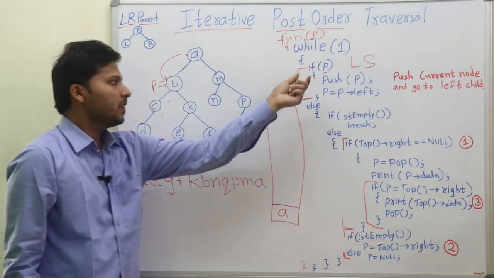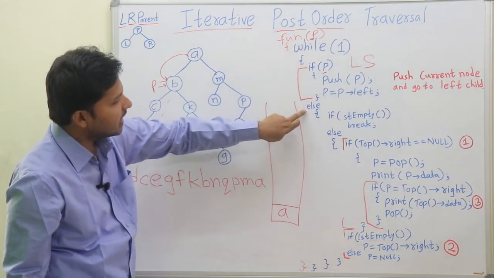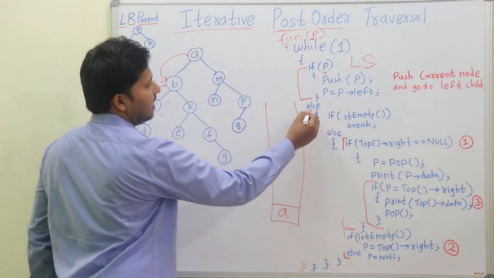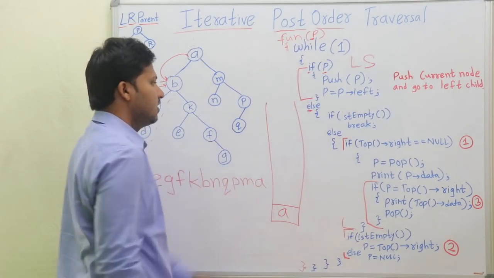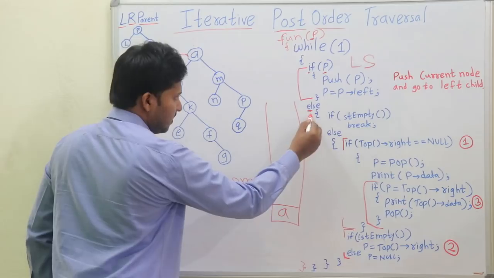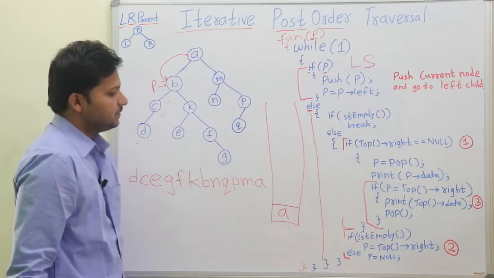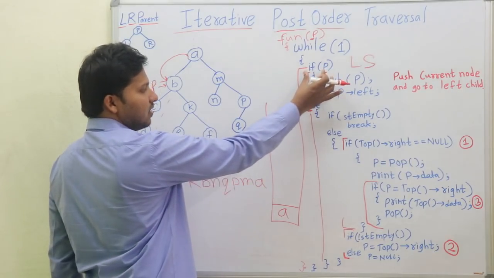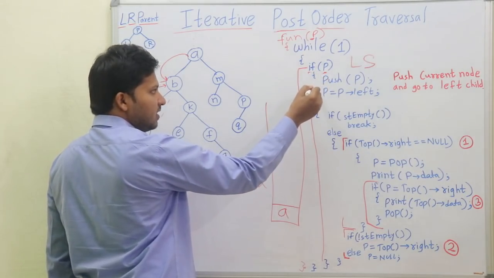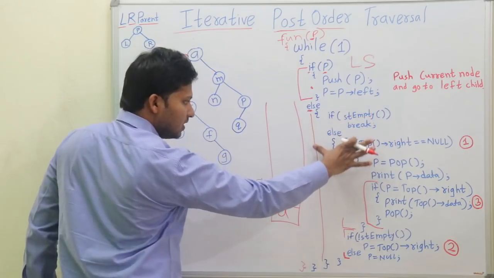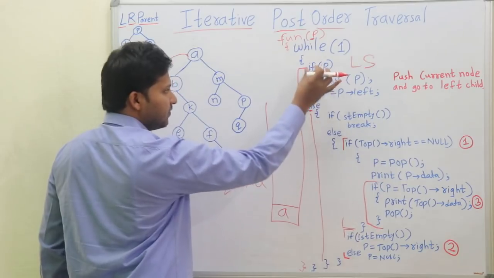See here, this is the if condition, and for this if condition, this else is there. This else is for this if. Now this else starts here and ends here. You can judge here, if this condition, that is if P, is satisfied, then we will not go inside this block, because this is the else block for this if.